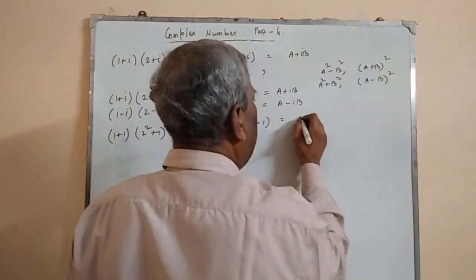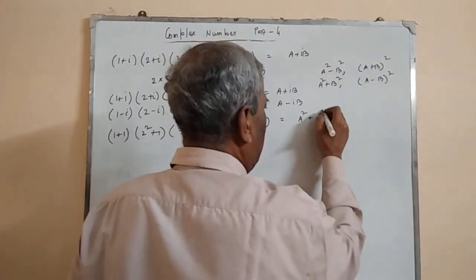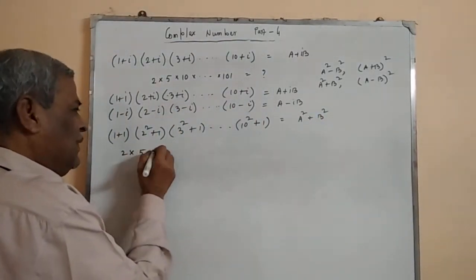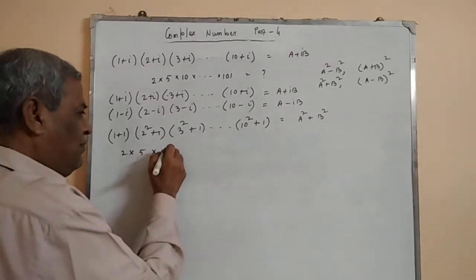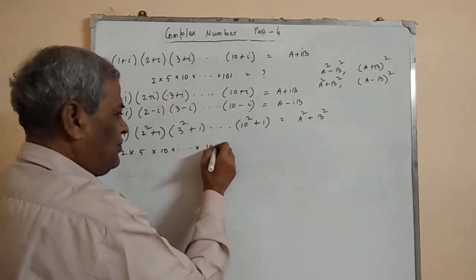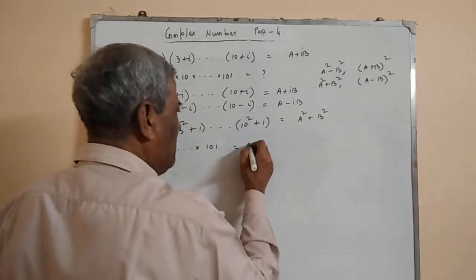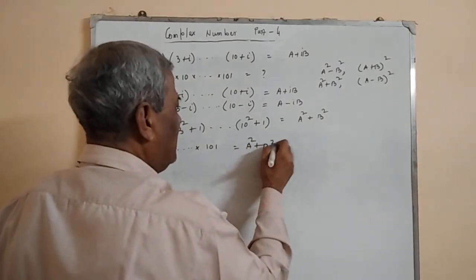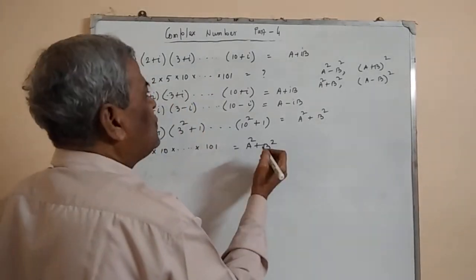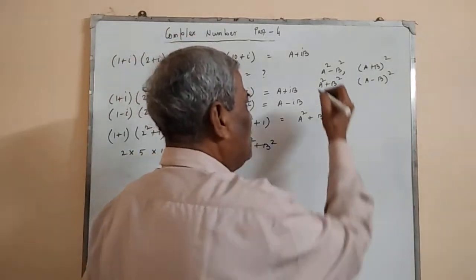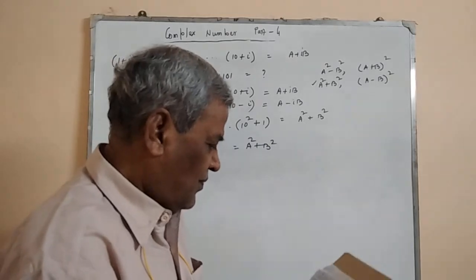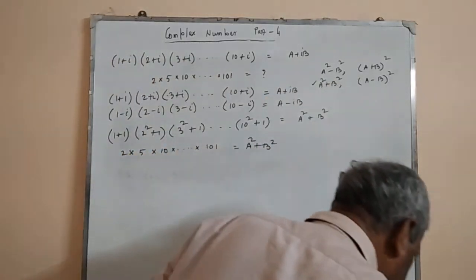And the right hand side will be A square plus B square. So 2 into 5 into 10 up to 101 is equal to A square plus B square. So the required value is A square plus B square. So the third option is correct. Now next problem.